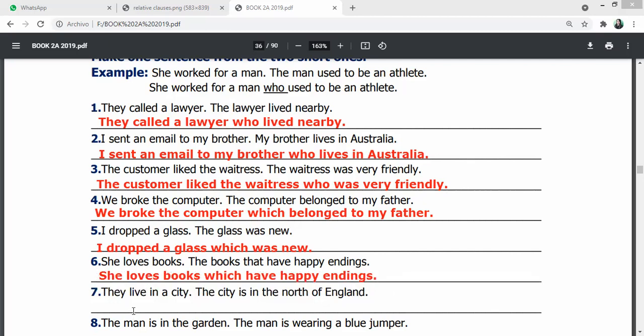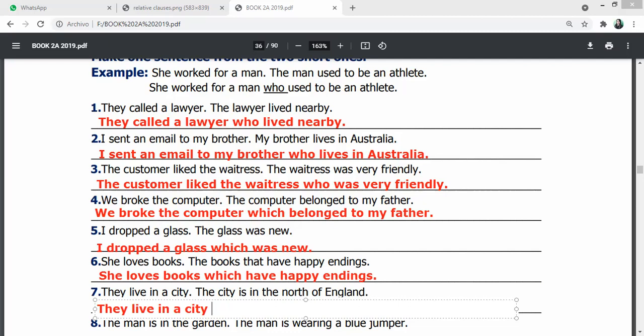Next one, they live in a city. The city is in the north of England. They live in a city which is in the north of England.